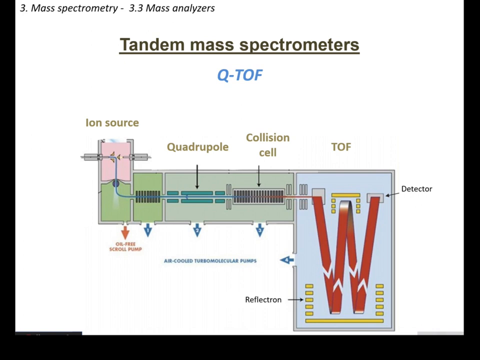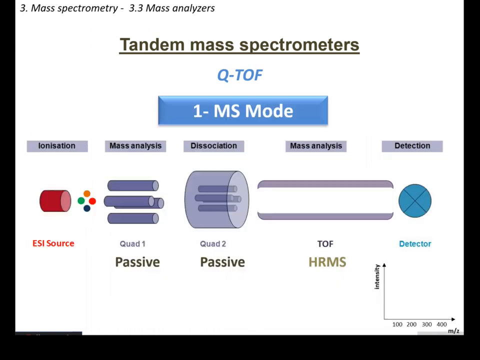In this case, the TOF makes a kind of W trajectory because you have several reflectrons that are meant to increase the separation of the ions based on their mass, and this is why you can reach high resolution. So this is how it works: the ion source, the first quad, second quad, and then the high resolution MS, the TOF, time of flight, and finally the detector.